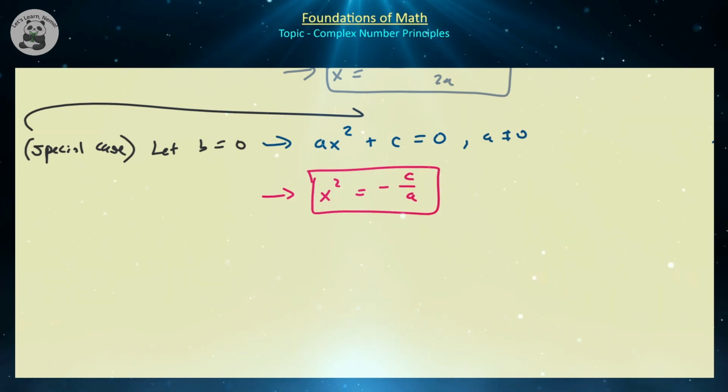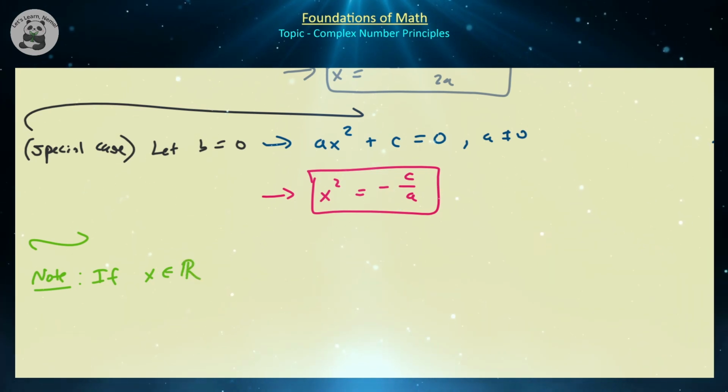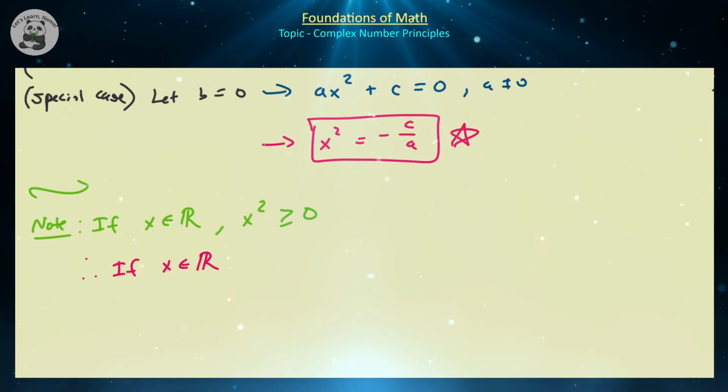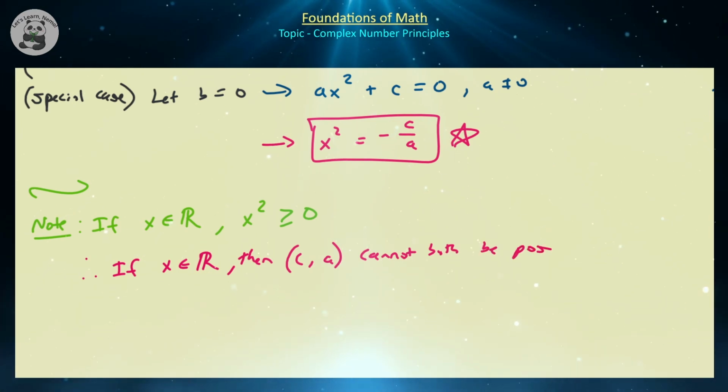Keep in mind, an important note: let us assume that x is a real number. If x is a real number, one can prove that if you square that real number, it's always going to be greater than or equal to 0, regardless of the particular value of x. So if we're interested in solving this quadratic equation, and x is a real valued solution, then c and a cannot both be positive.